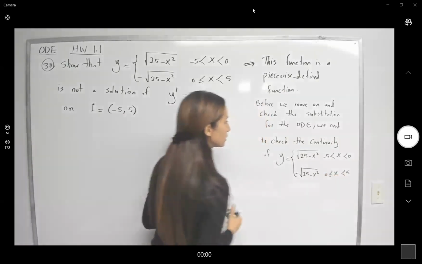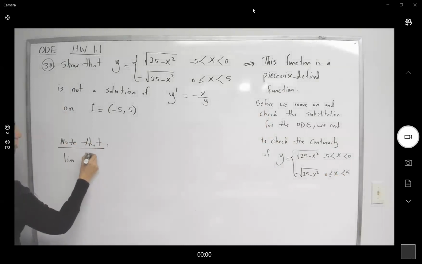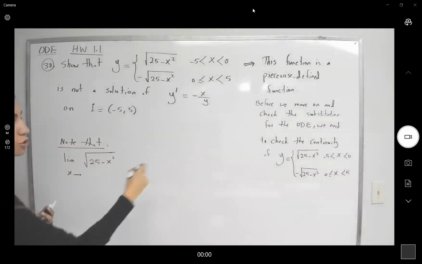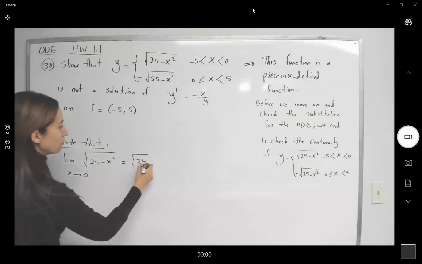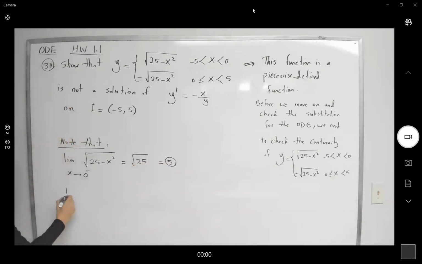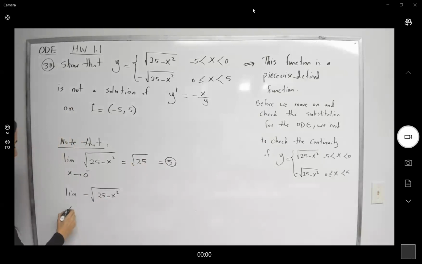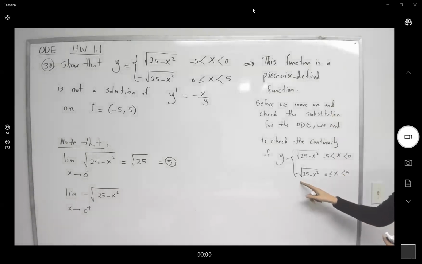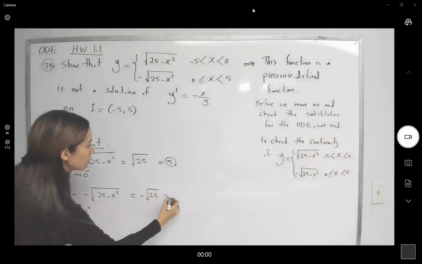Well, around 0, note that the limit of square root of 25 minus x squared as x approaches 0 from the left-hand side is equal to square root of 25, which is 5. The limit of negative square root of 25 minus x squared as we approach 0 from the right-hand side, which is defined on the second part of the function, is equal to negative square root of 25, which is negative 5.